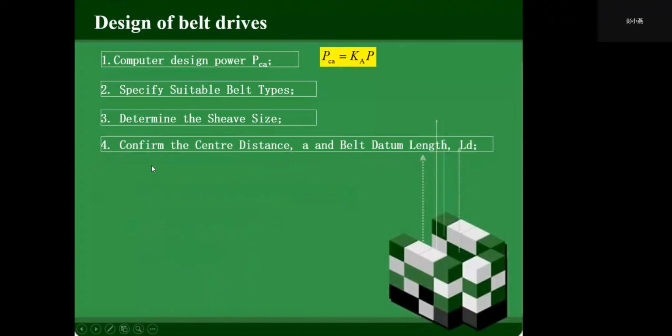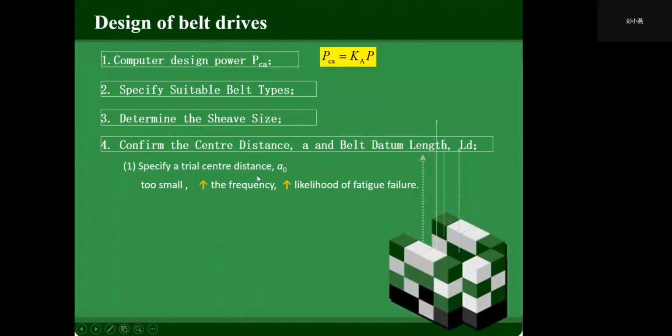And then compute the center distance and the belt length LD. First, we should specify a trial center distance A0. The choice of A0 is critical.